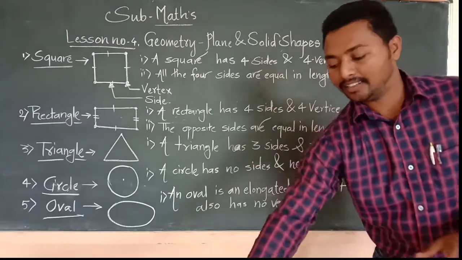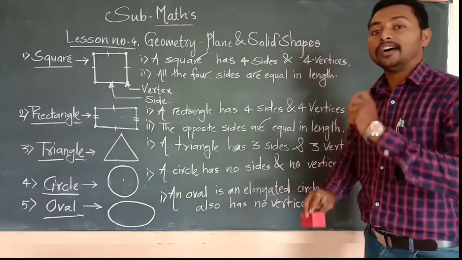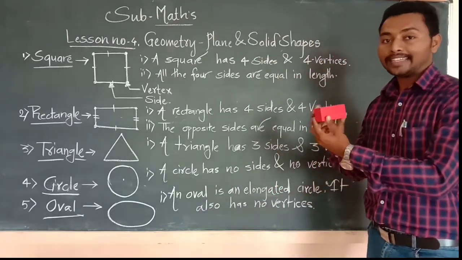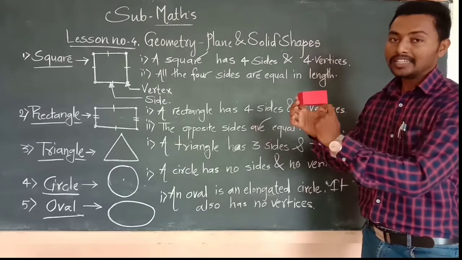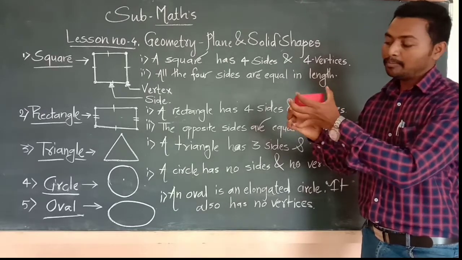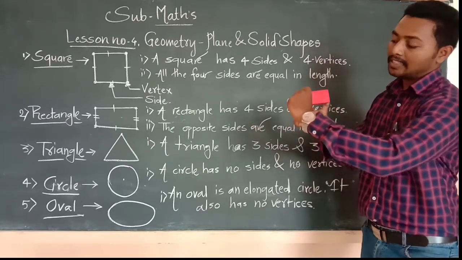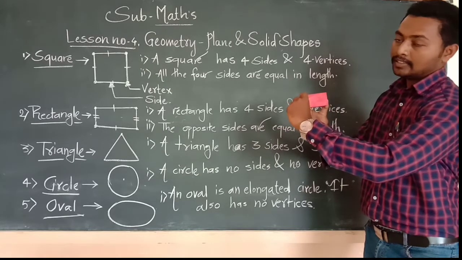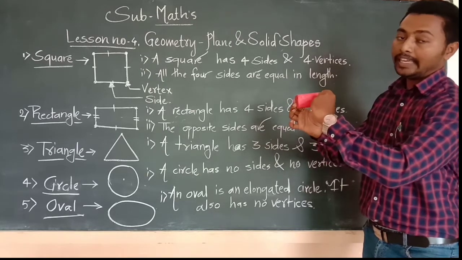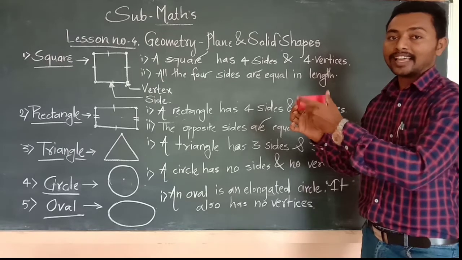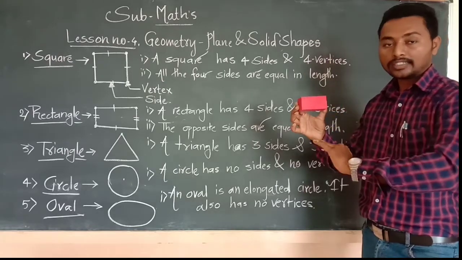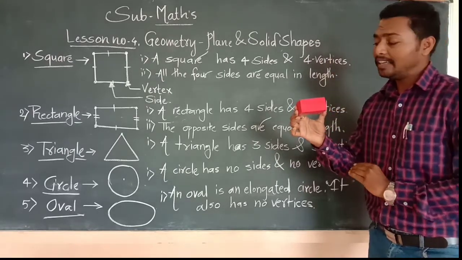Second, rectangle. I would like to show you an object, rectangle. Opposite sides are equal. Both sides are equal as it is opposite side. This side also equal. That means vertical sides as well as horizontal sides. Both sides are equal.